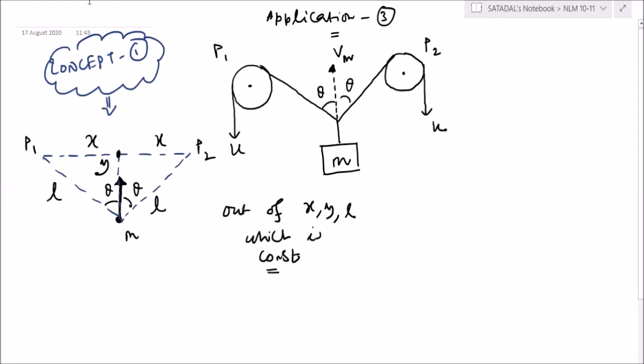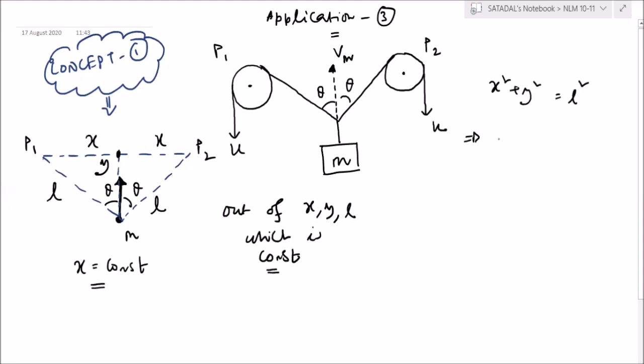Tell me which is constant quickly. Shashi, tell me. Sir, X. Yes, correct. So X is constant here. So again, Pythagorean triplet, the same calculation: X square plus Y square is equal to L square.